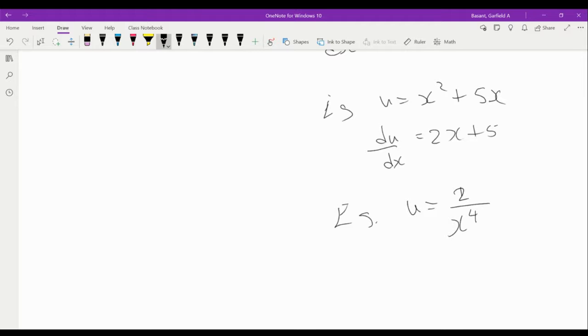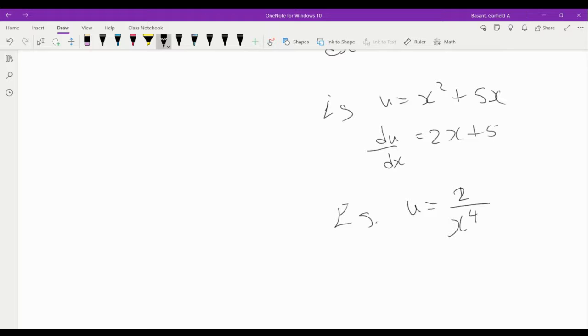I think so, yeah. Anyone else? I may be wrong. But you're on the right track. It's not wrong, it's incomplete at this stage. But definitely on the right track. Michael says negative 8x to the negative 5, or negative 8 over x to the 5th.